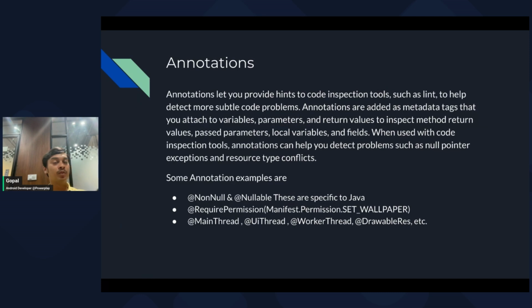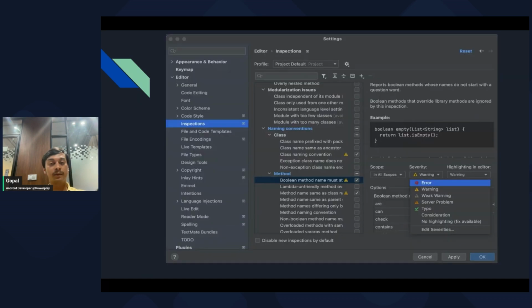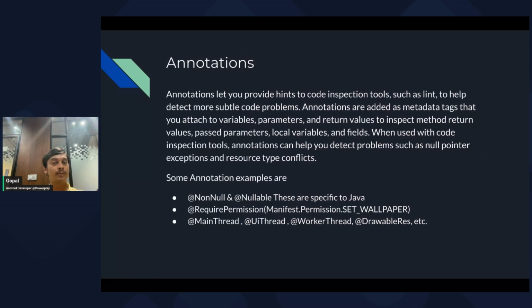Now moving forward, in this case, Android Studio is capable of finding the issues and bugs in your code that the lints are running for. But in some cases, we need to provide hints to our code inspection tool. Those hints are called annotations. These annotations help us add metadata tags attached to the variable, parameter, or return value.